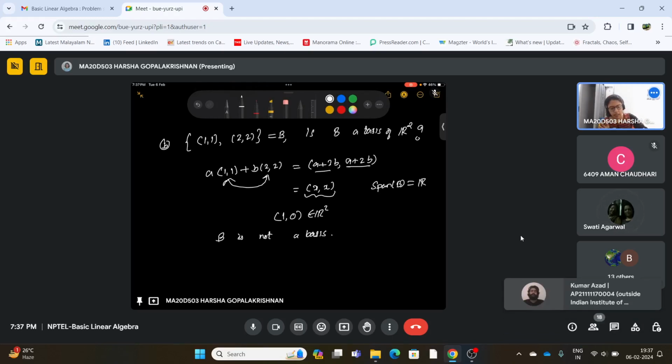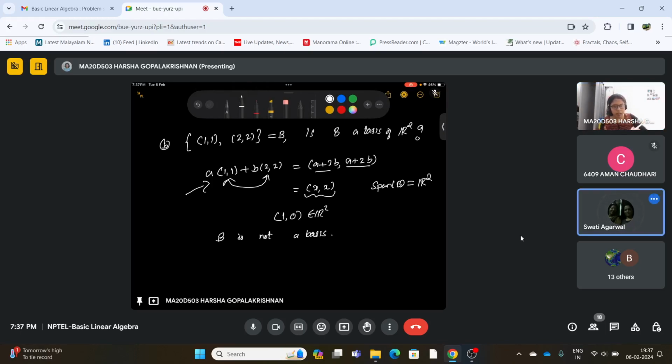Here, if I am taking the span of B, that means linear combinations of elements of B, I will get it in the form a plus 2b, a plus 2b. That means the first coordinate and second coordinate are always equal for an element in the span of B. But in R2, there are other elements which are not in this form. Okay, (1,0), the first and second coordinates are different. That means (1,0) cannot be written as a linear combination of these two.